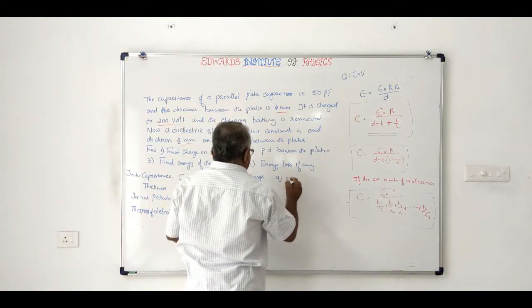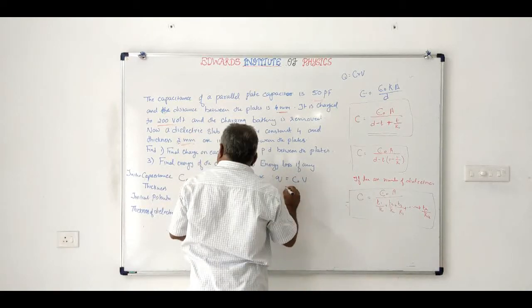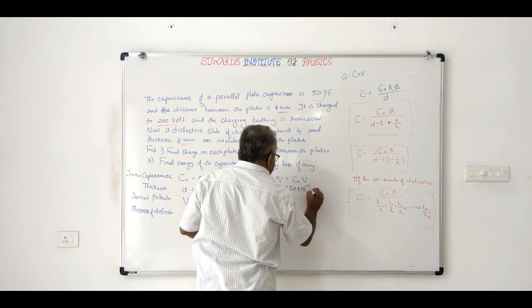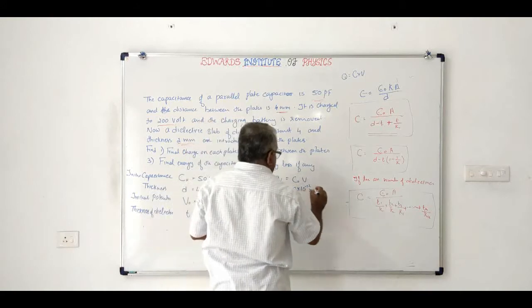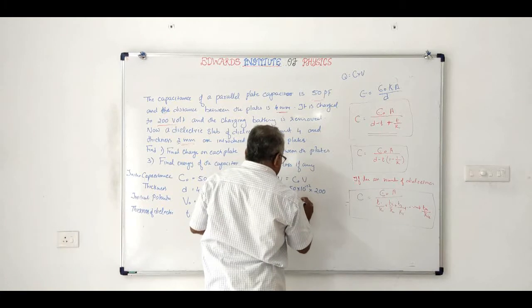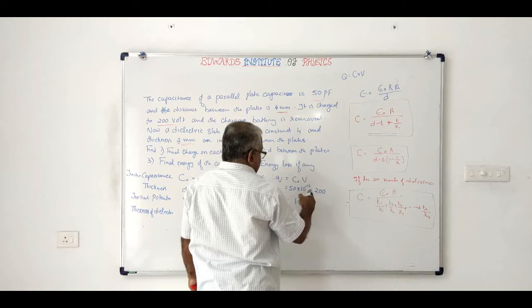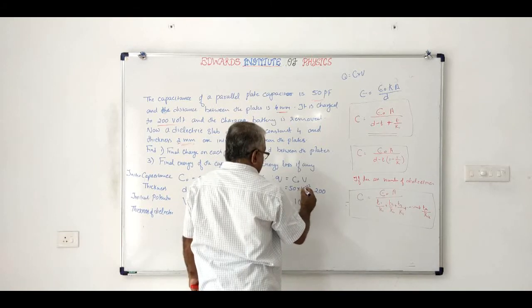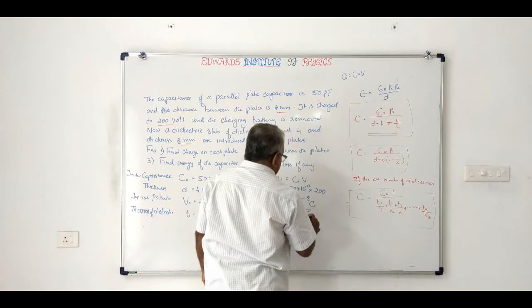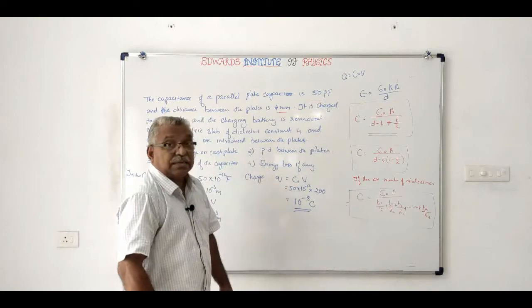So, charge Q will be equal to C0 into V. That will be equal to 50 into 10 raised to minus 12 into 200, which is 10 raised to minus 8 coulombs.